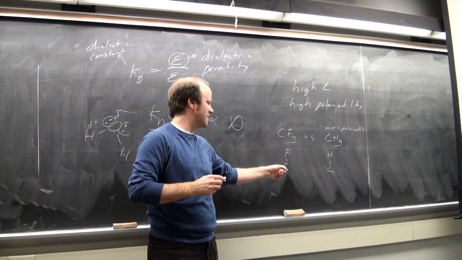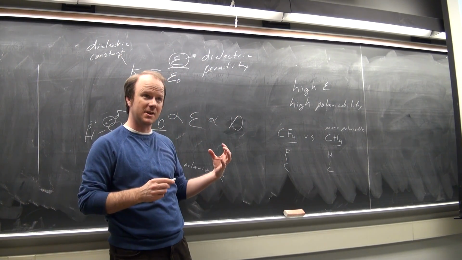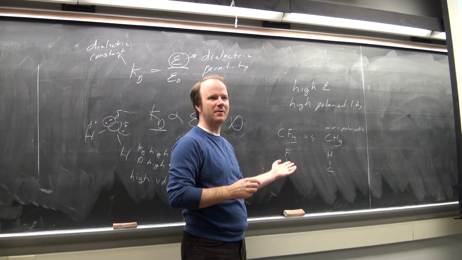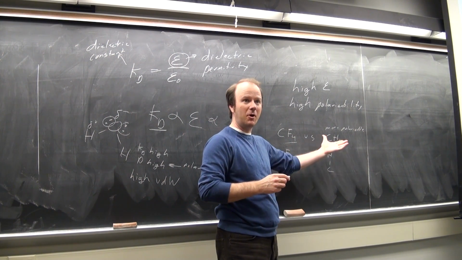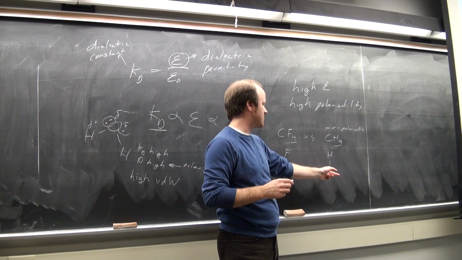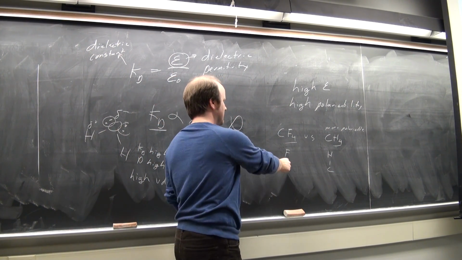So this is a highly polar bond because fluorine is highly electronegative, right? So it holds on to those electrons, and that pushes down the polarizability. Whereas methane, both of these are nonpolar, right? But methane is more polarizable because the electronegativity difference of the C and H is less than C and F.